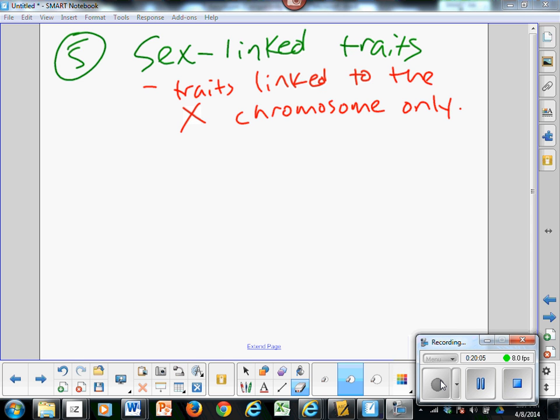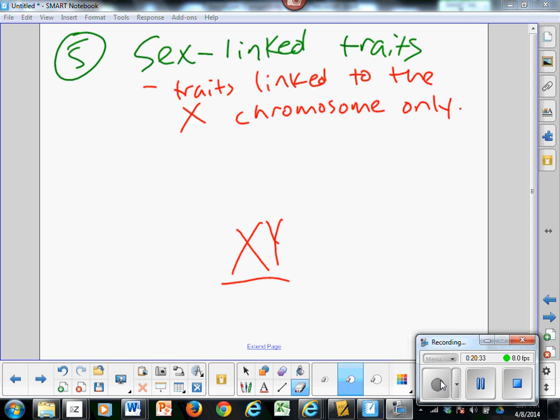So if you're a male, where do you get your Y chromosome from? So with sex-linked traits, because they're linked to the X chromosome, if you're a guy, does it matter what your father is? No. Your dad always gives you the Y chromosome. So it only matters what your mother is.